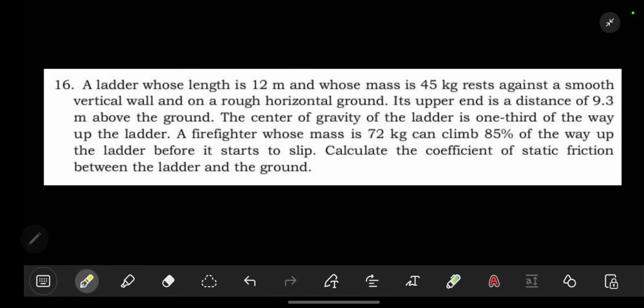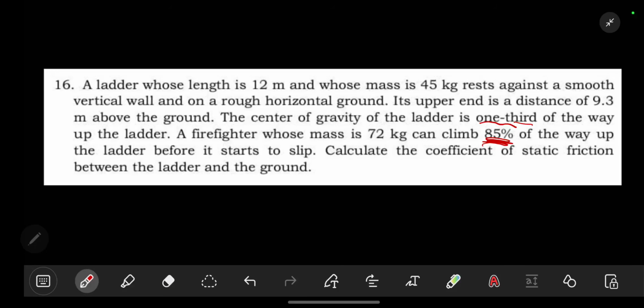The center of gravity of the ladder is 1/3 of the way up the ladder. A firefighter whose mass is 72 kg can climb 85% of the way up the ladder before it starts to slip. Calculate the coefficient of static friction between the ladder and the ground.